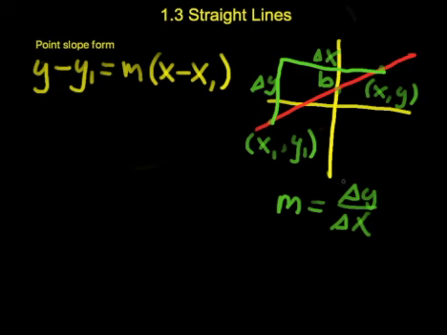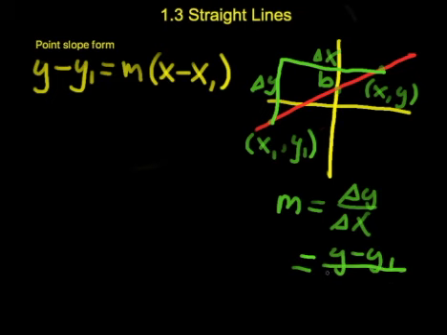Well, let's come back and look at our definition here. m is the slope. It is the change in y over the change in x. Well, what is the change in y? If we have the point y1 here, I need to go up to y, so the change in y is going to be y minus y1, divided by the change in x, which is how far we are moving in the x direction.